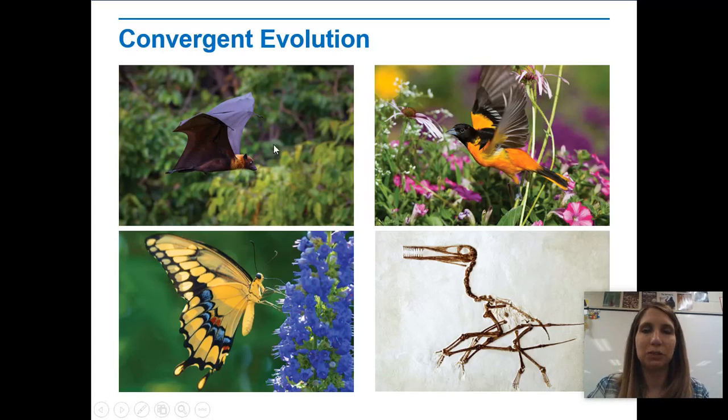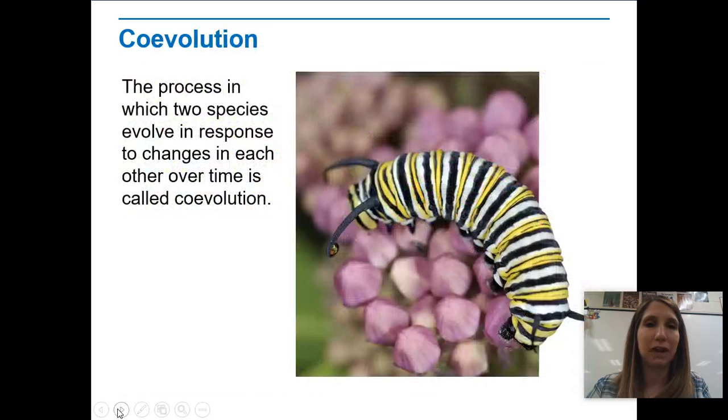So you have bats here, which are mammals, which are unrelated to birds, which are unrelated to insects, which are unrelated to these fossils called Archaeopteryx from many, many years ago. And so they all may have wings, and we say that they all developed those similar characteristics. They converged upon all having wings, but the difference was, they don't come from the same place. They just simply all needed that trait to be able to survive.